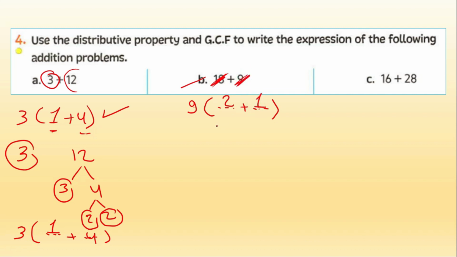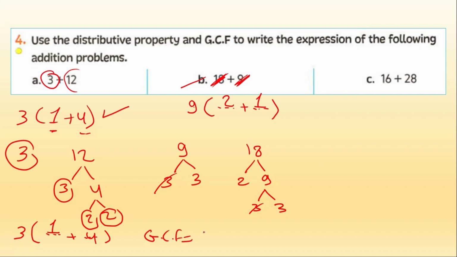Okay, that is the first way. If you are confused, factorize directly, taking 9 and 18. 9 equals 3 times 3. 18 equals 2 times 9, and 9 equals 3 times 3. Greatest common factor: the first common is 3, the next one times 3.